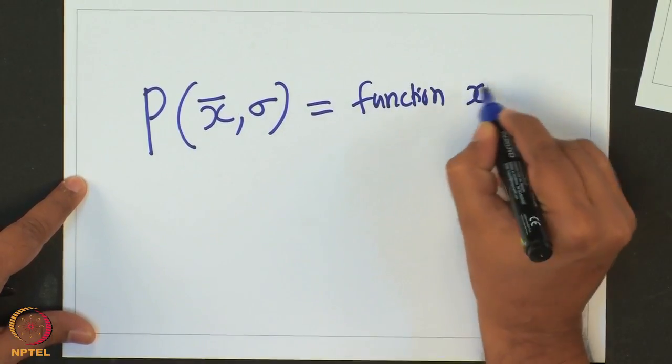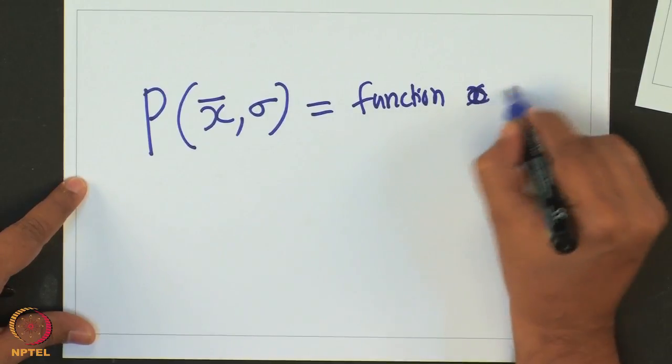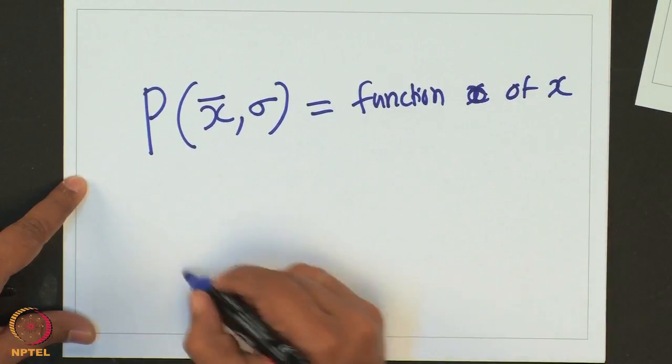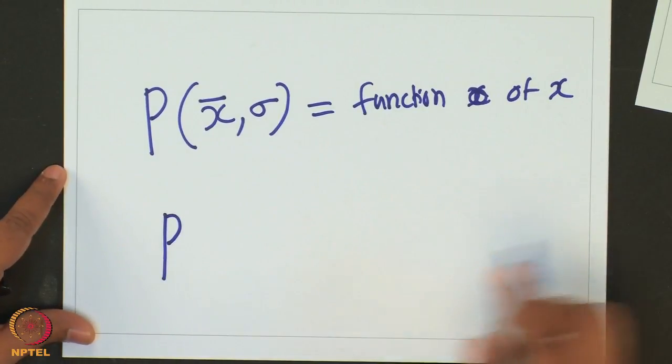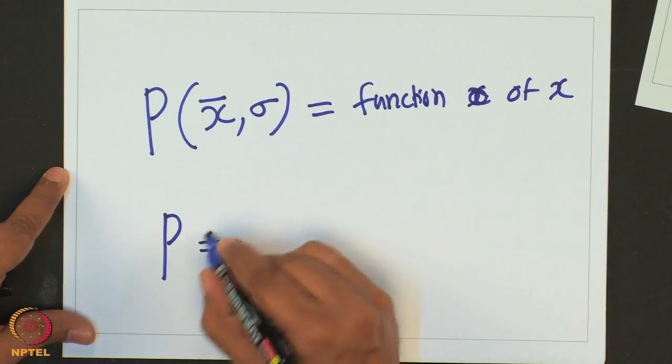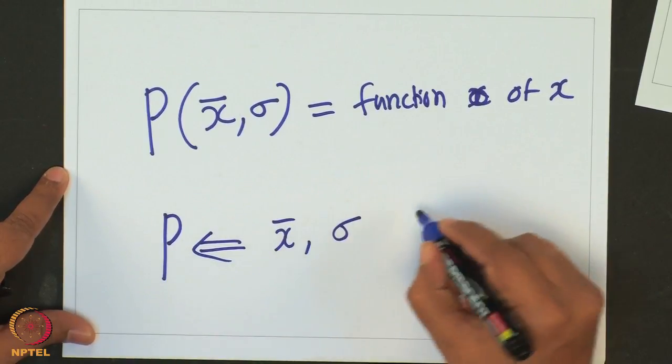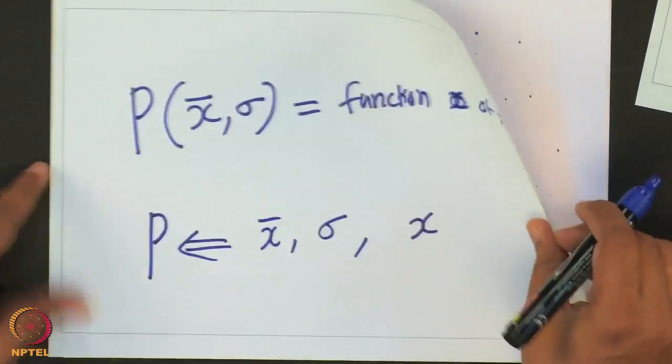This is a function of the variable x. So, basically the probability distribution P would be decided by these two parameters x bar and sigma, and the variable is x. Now let us write the mathematical expression for this, which is as follows.